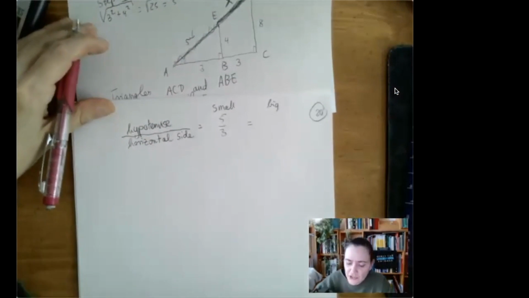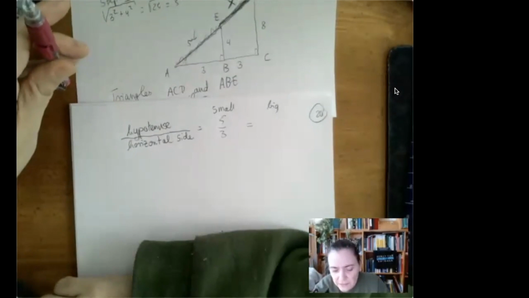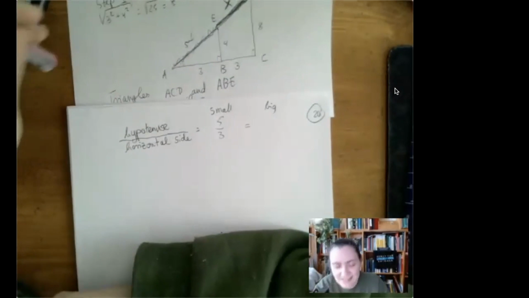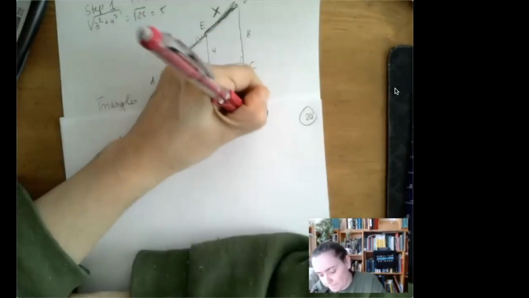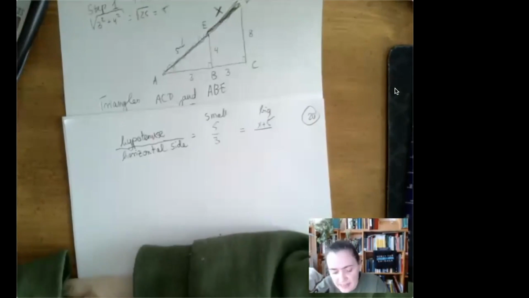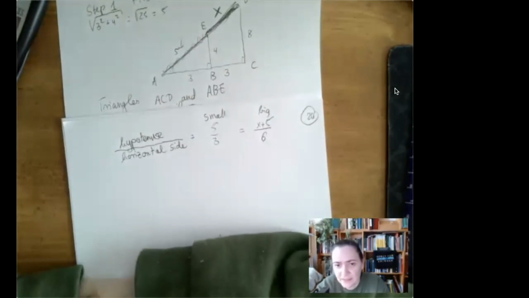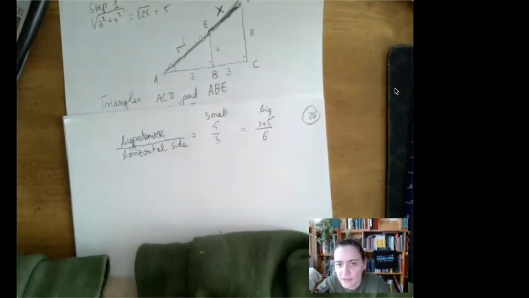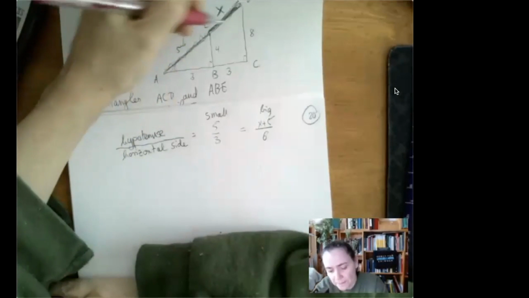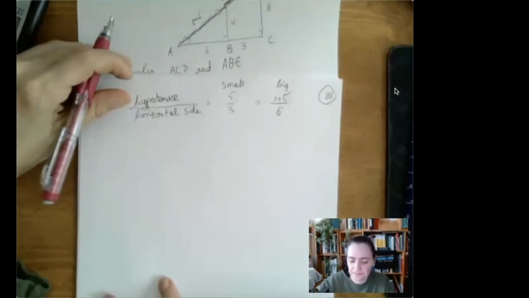The same ratio in the big triangle is not x. It's not 5. It's x plus 5, right? And the horizontal side is not 3 or the other 3. It's 6. So you're going to have to start working on the ratio because it's not going to be exactly just one letter. In this case, x plus 5 is the hypotenuse and 6 is the horizontal side.